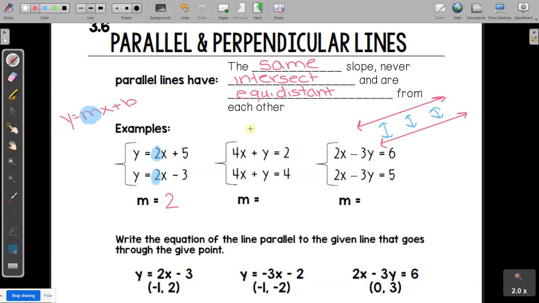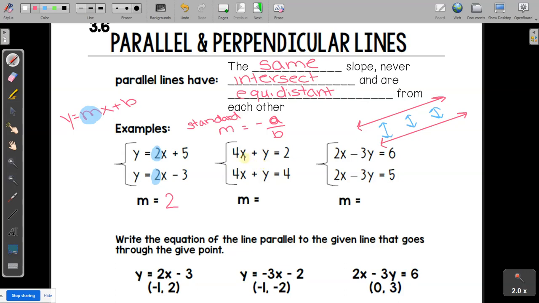So, an easy way to know the slope in standard form is we're going to take negative a and divide it by b. So that's a shortcut. You can subtract over the x and then divide by your y. It will give you the same answer.